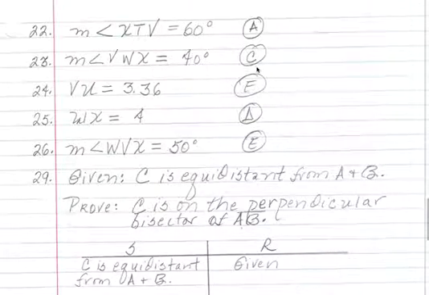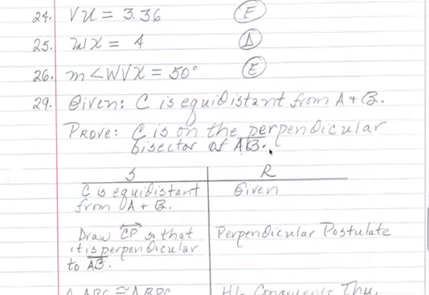That matches up with C. 24, we're looking for the distance between V and U. That's going to be 3.36 because that's going to match up with the distance between V and X, and that matches with F. 25, the distance between W and X is going to be 4 units, and that matches with D. And then 26, the measurement of angle WVX equals 50 degrees, and that matches up with E.